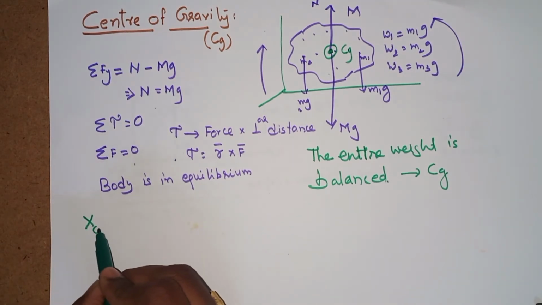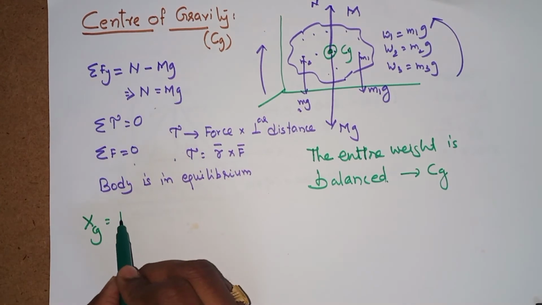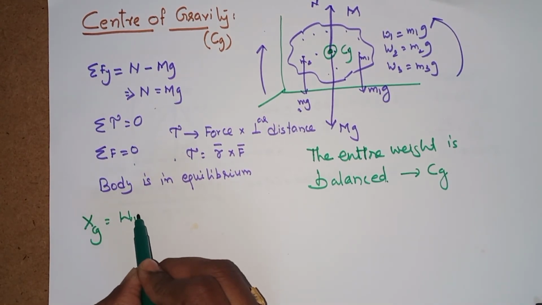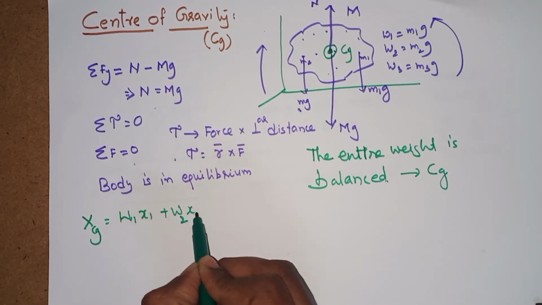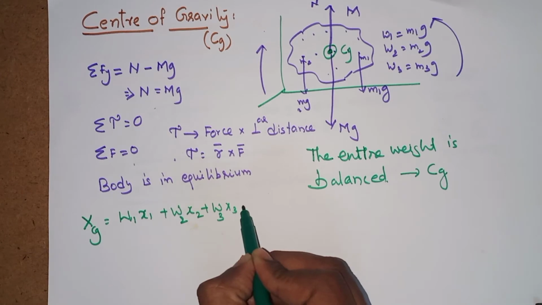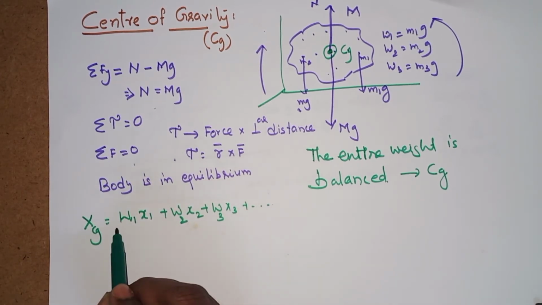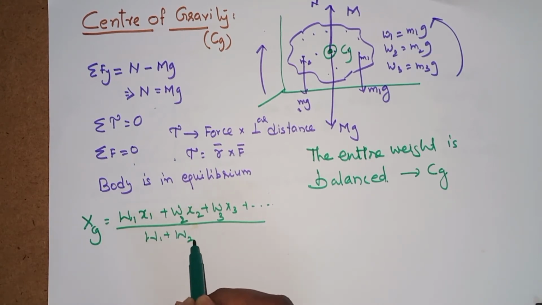The x coordinate of center of gravity, XCG, equals W1 x1, W2 x2, W3 x3, and so on, divided by the total weight of the body, meaning the sum of the individual weights of the particles.